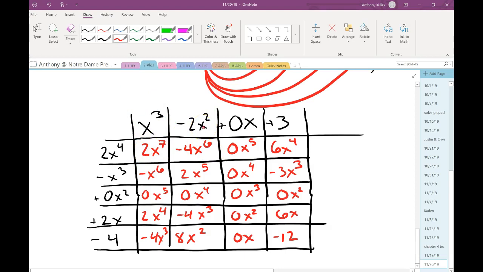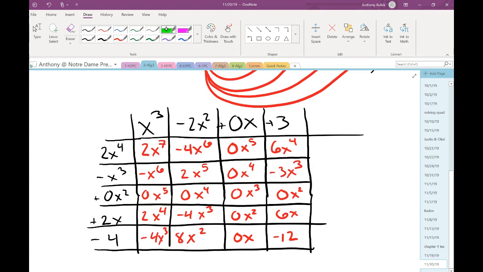So, there's the grid filled in. What patterns do you notice there in our answers? Good. The exponent decreases as you go down. If you look at the first column, we have x to the 7th, x to the 6th, x to the 5th, 4th, 3rd.